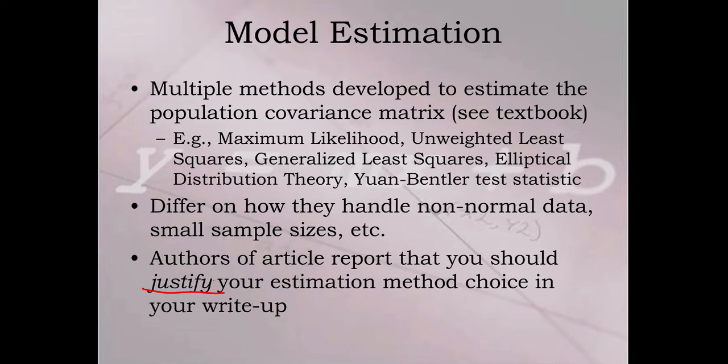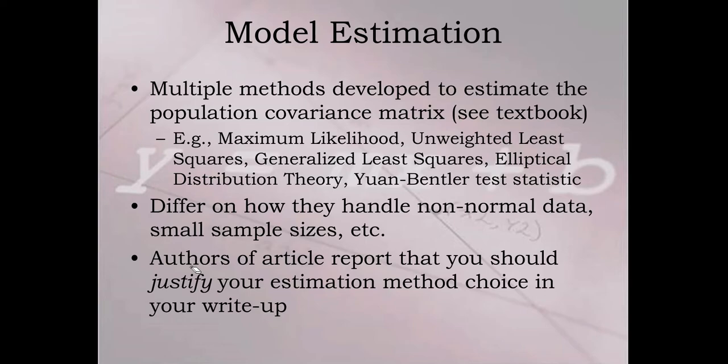So not just report that we used a Yuan-Bentler test statistic, but that given non-normality in our data, we used a Yuan-Bentler test statistic. That way you're explaining to your reader that you're not just following defaults and doing it blindly, but that you've really thought about what you're doing and why you're doing it.